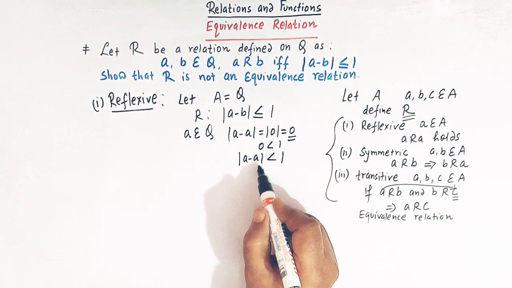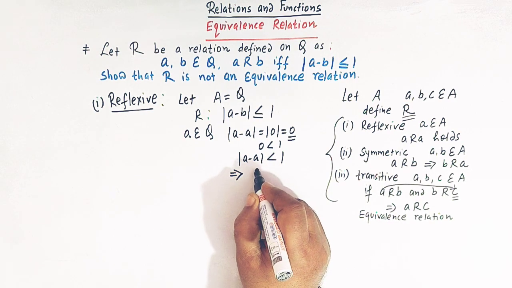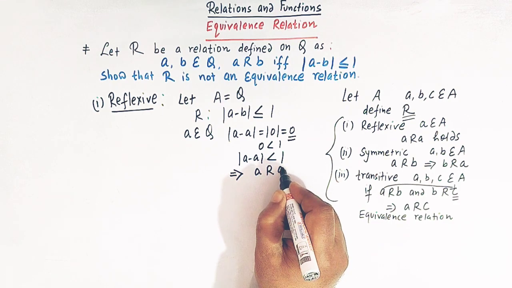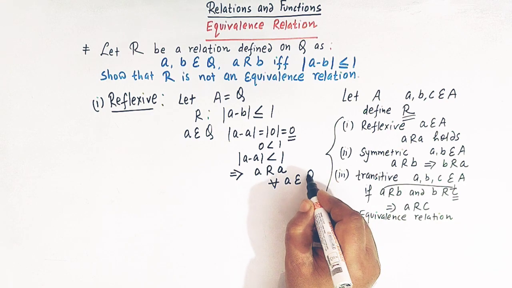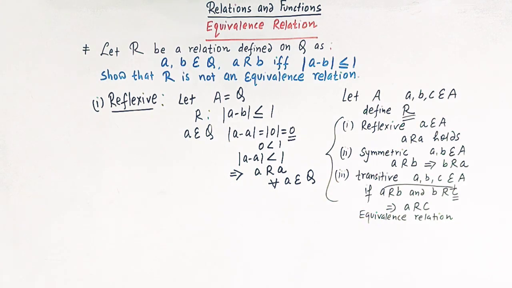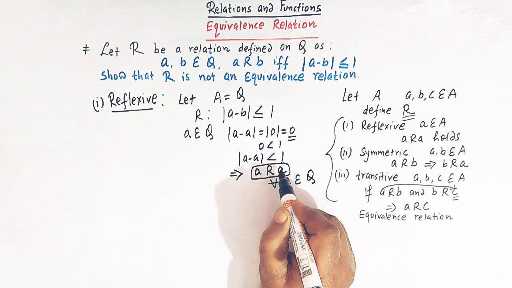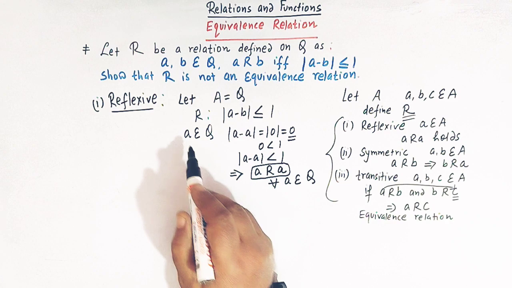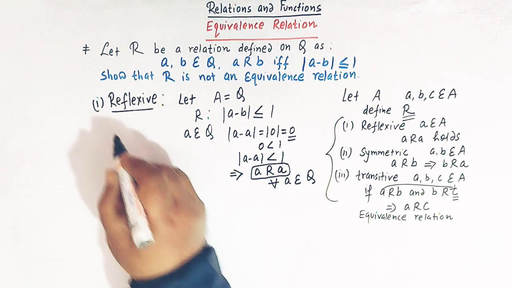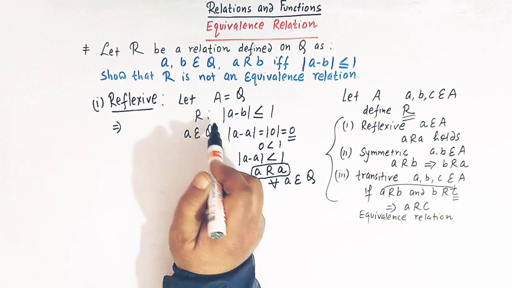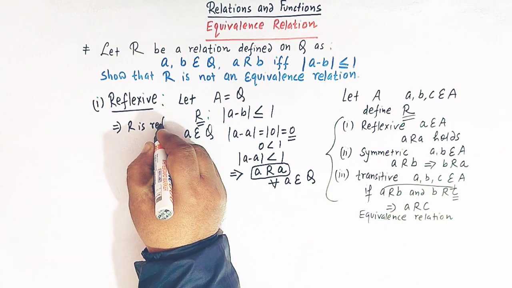This implies that a is related to a for all a belonging to the set of rational numbers Q. It means each element of this set Q is related to itself. So we can claim that this relation R is reflexive.